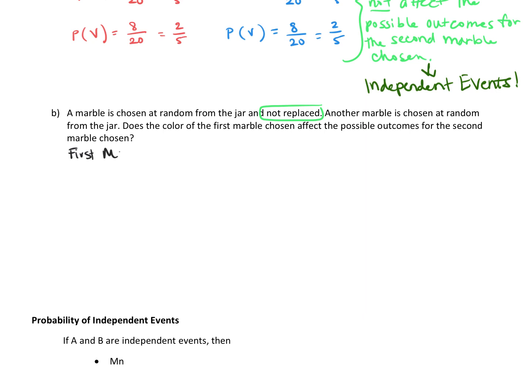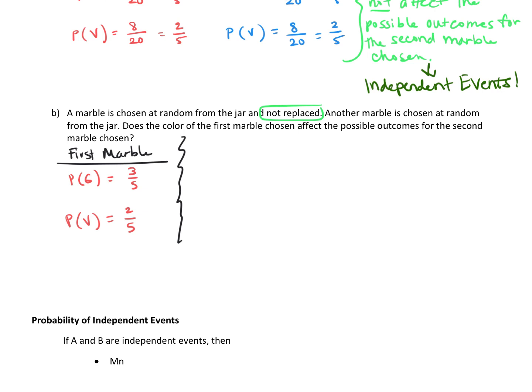So what are our possibilities for choosing the first marble? So we said this before, that the probability of choosing a green marble was reduced to 3/5, and the probability of choosing a violet marble was 2/5. All right, so that was our first marble.